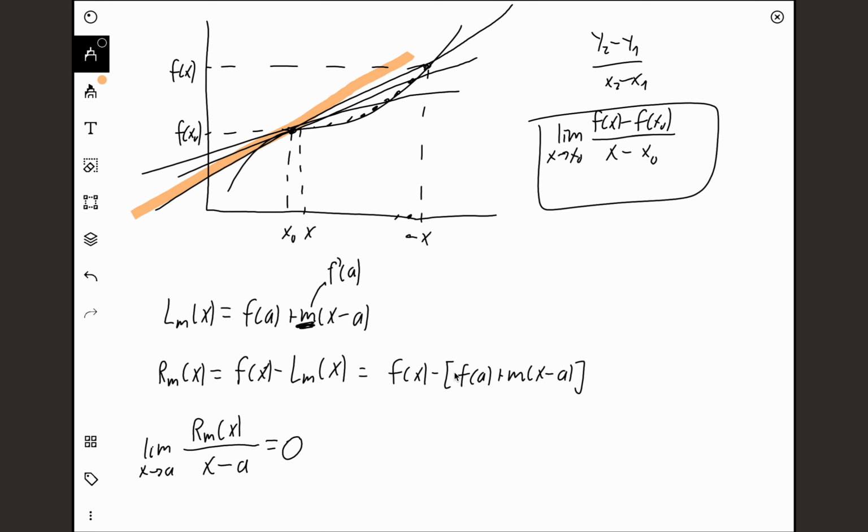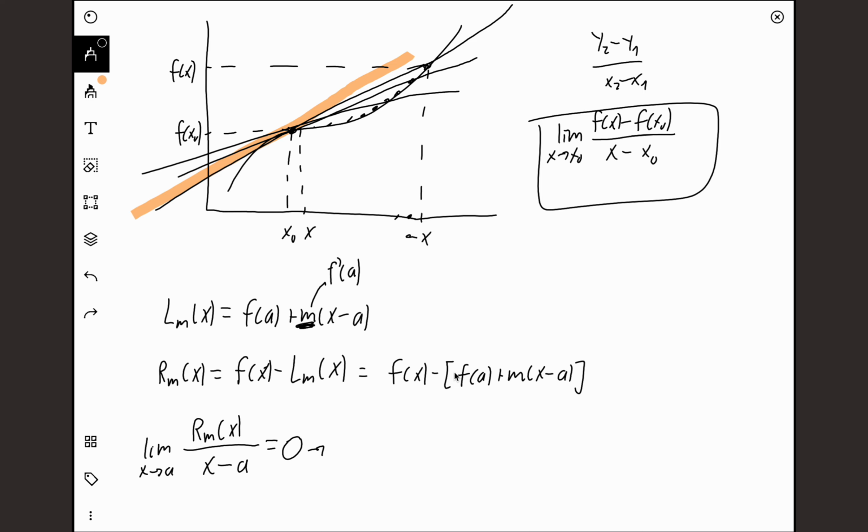For any other thing, if m does not equal the derivative of f at a, I'll get a value which is a constant, for example 1 or 2, and this just means that our remainder function is big-O of this function, which means it goes to 0, but it basically goes to 0 bounded by a constant of this function. So it doesn't go to 0 infinitely faster.